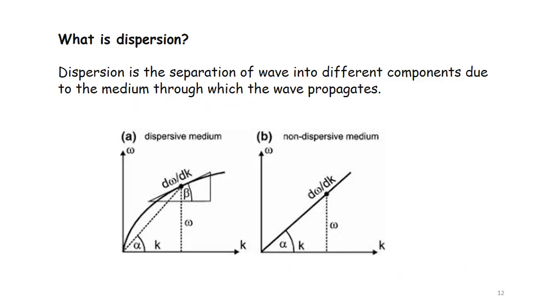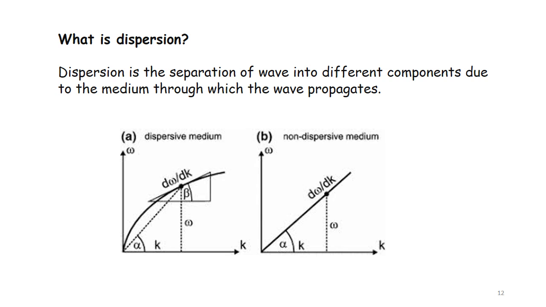So again, dispersion is the separation of a wave into different components due to the medium through which the wave propagates. For example, there is one example that you're very familiar with from secondary school, your glass prism. White light through a glass prism gives you 7 colors, ROYGBIV: red, orange, yellow, green, blue, indigo, violet, and also the rainbow that you see.